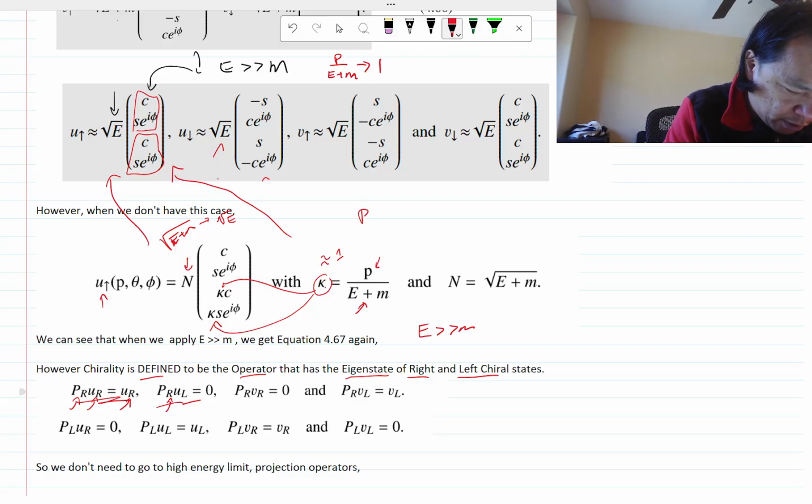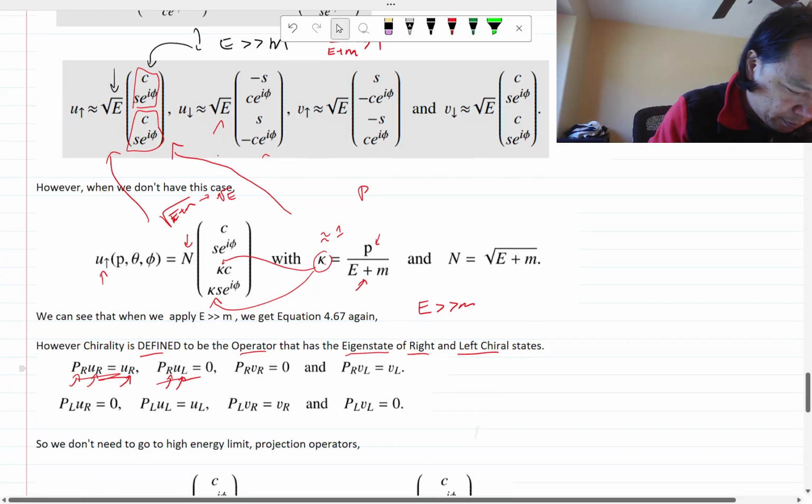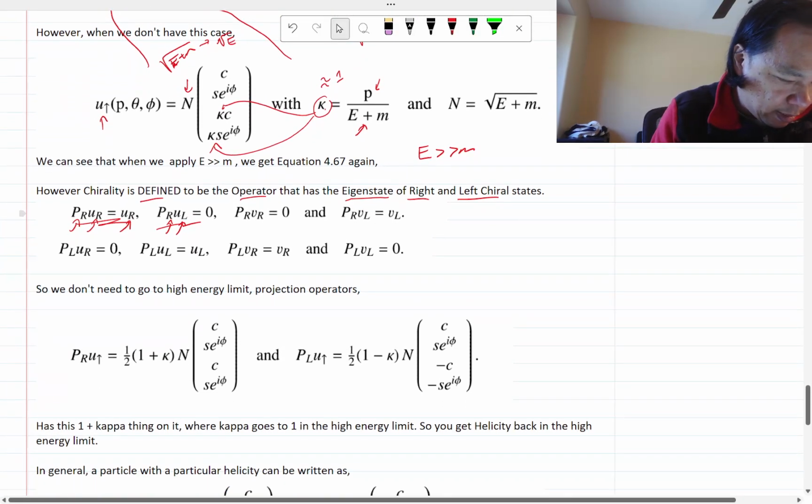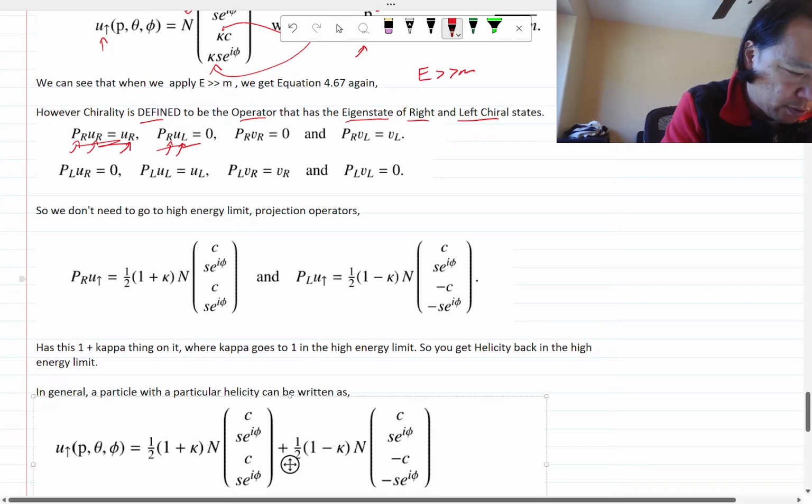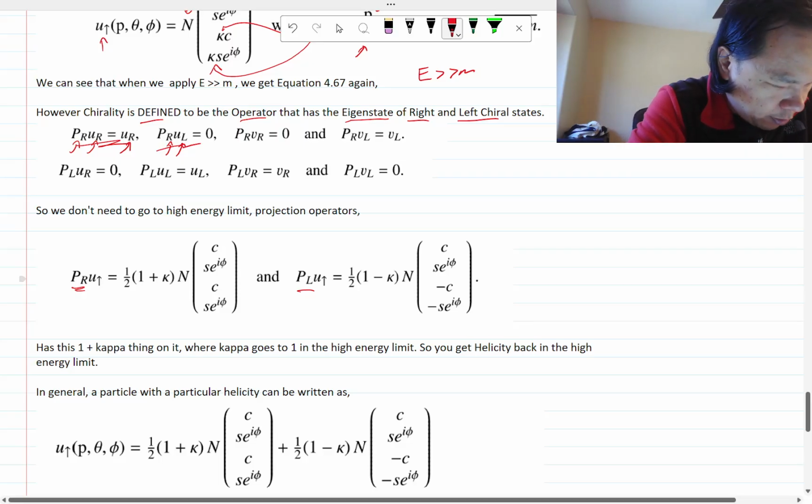But if you do a right-handed chiral projection along a vector that's only in the left chiral direction, you get 0. Okay, so we don't need this high energy operator anymore if we are using these chiral projection operators instead.